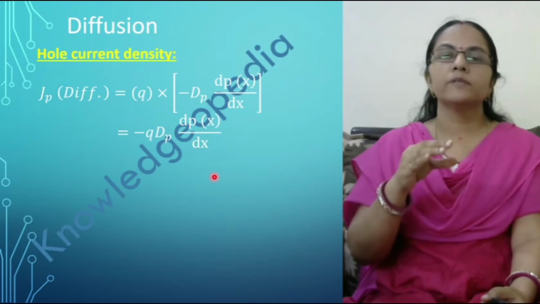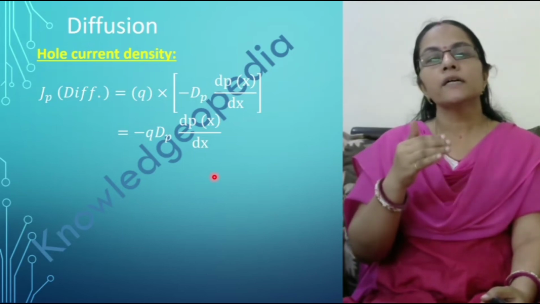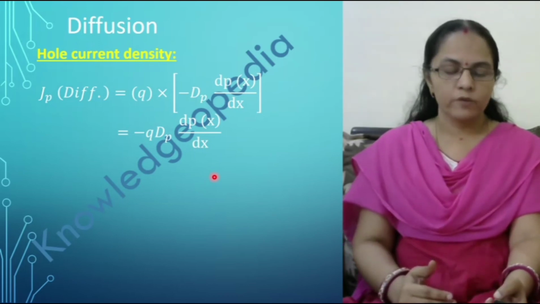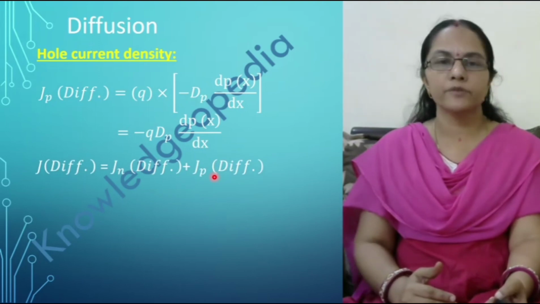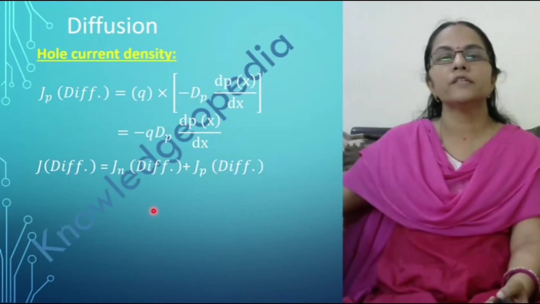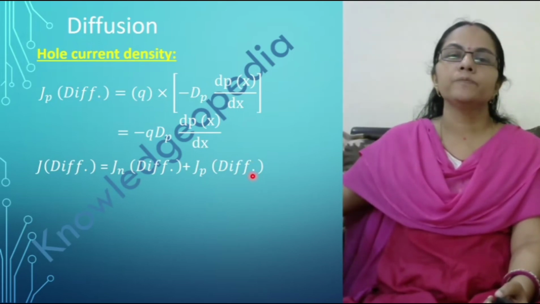We have seen that there is flow or diffusion of electrons and holes depending on the concentration gradient, and we have calculated the current density due to diffusion of electrons and holes. Then what is the total amount of diffusion current? That is, J diffusion is the sum of the diffusion current due to electrons and the diffusion current due to holes.